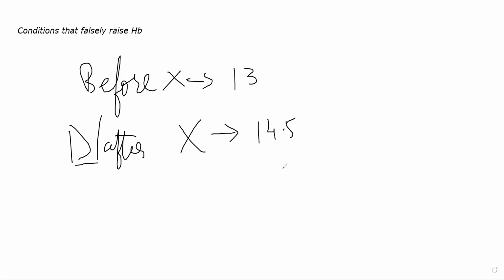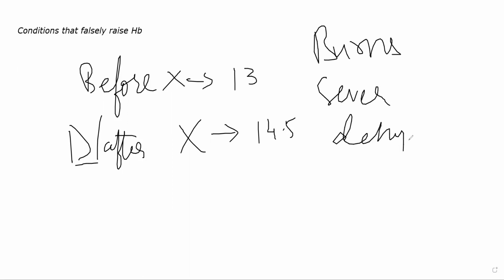Now, what are these conditions that will falsely raise hemoglobin? It is not actually raising, it just appears so on the test. Those conditions include burns, severe dehydration, and acute hemorrhage.